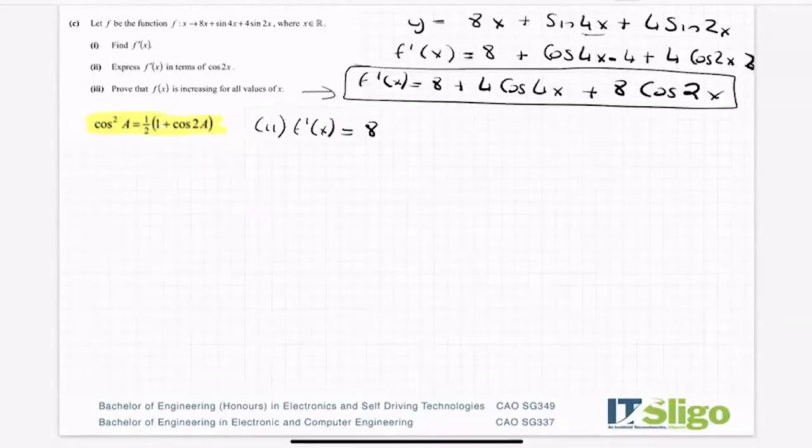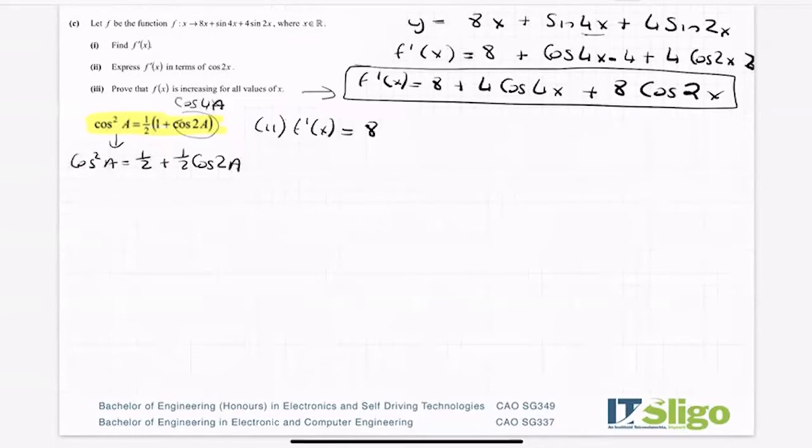So let's play. cos squared of a is equal to a half plus a half cos 2a. I'm trying to come up with an expression for cos 4x, but it'll be a for now, and then we can change the a's to x.